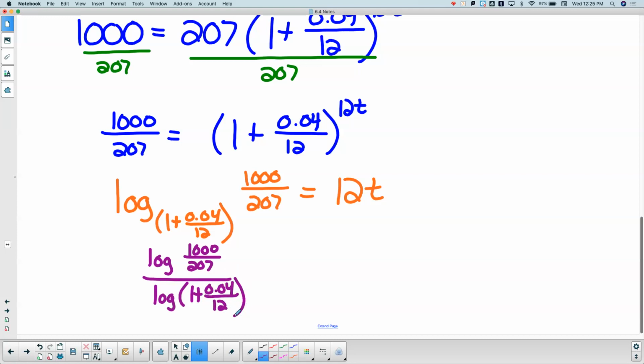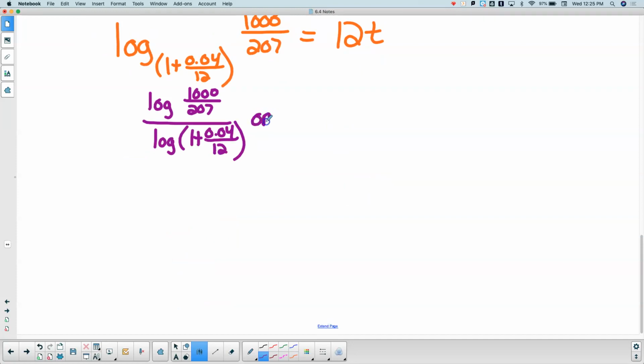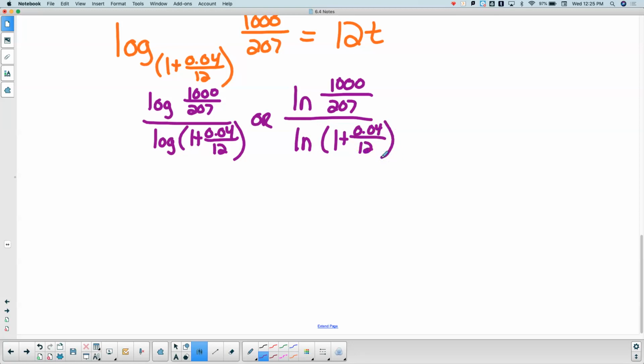Or take the natural log of this. What is this that I'm doing? The change of base formula? Yep. Okay. So what do we get here on the left side?